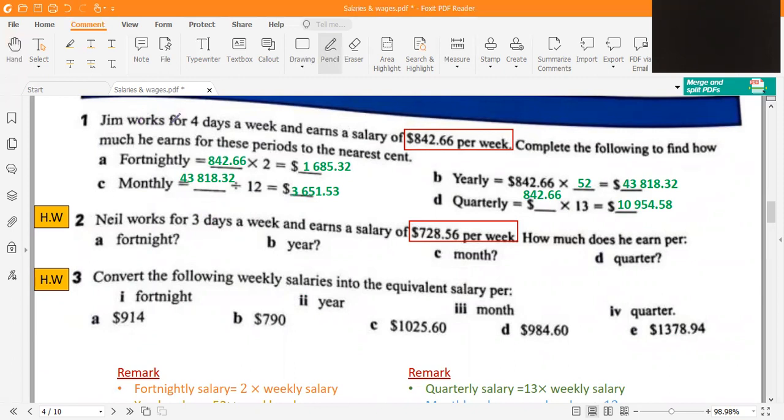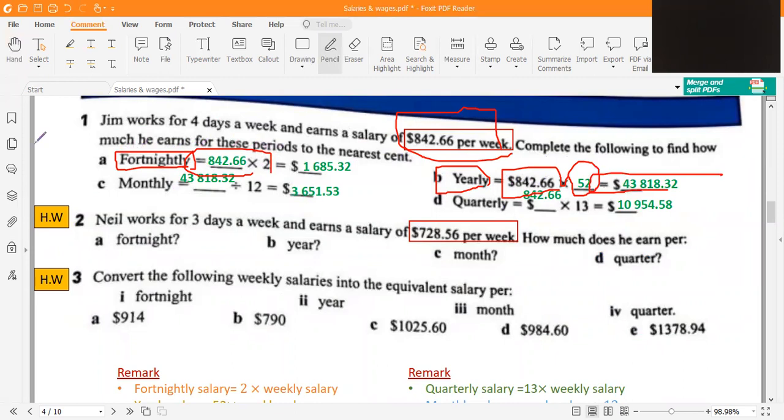For example, Jim works 4 days a week and earns a salary of $842.66 per week. So we have a weekly salary here, and we are asked to evaluate the fortnightly salary. Fortnightly salary equals weekly salary multiplied by 2. Yearly salary equals weekly salary multiplied by 52, and we use the calculator to evaluate the results.